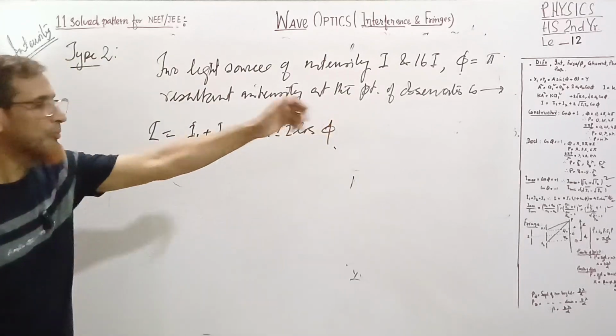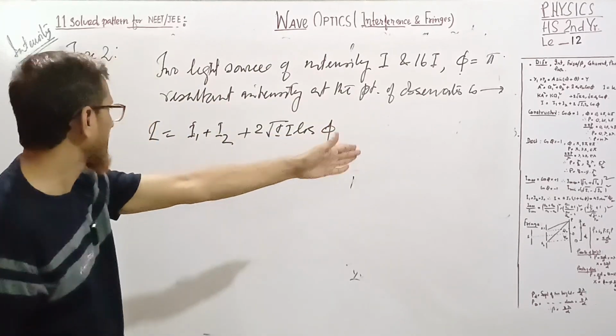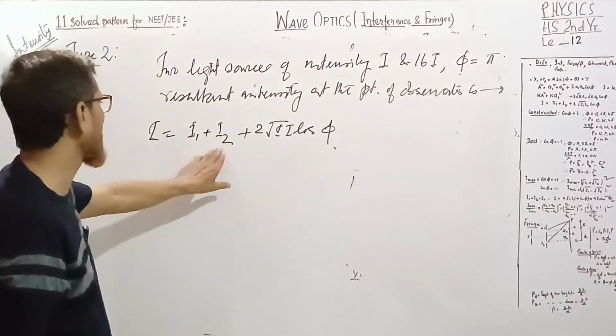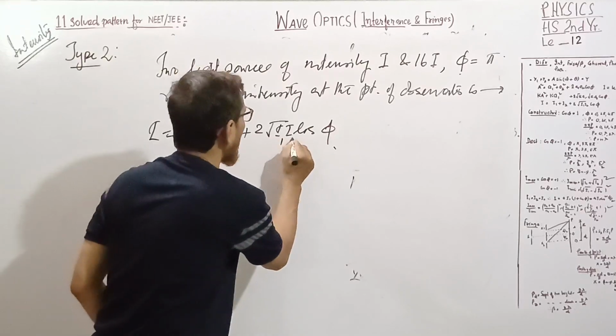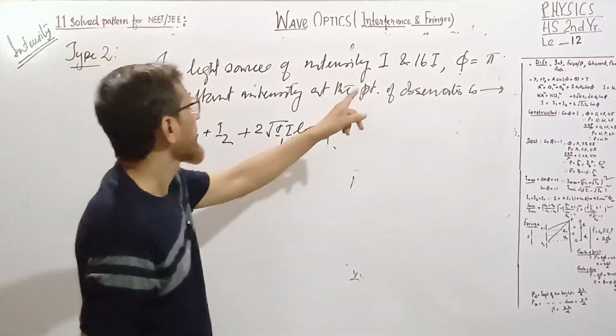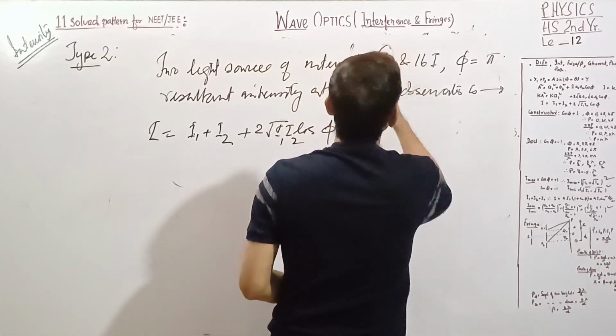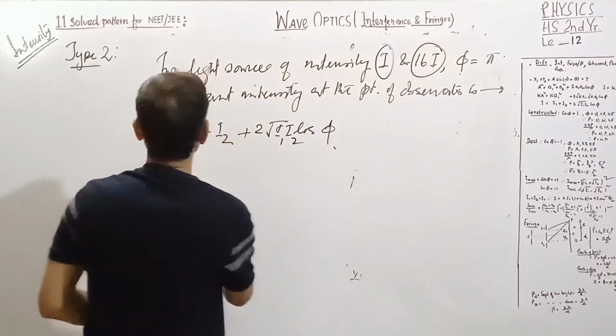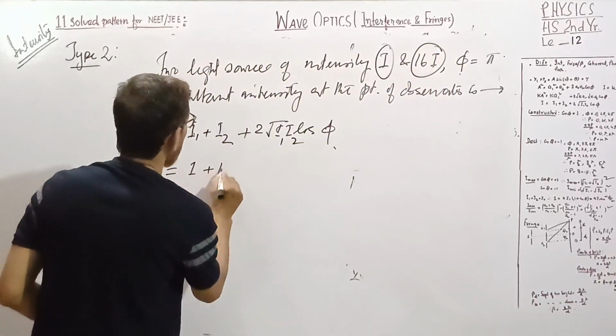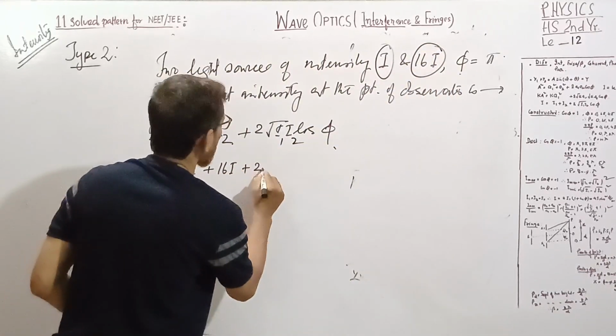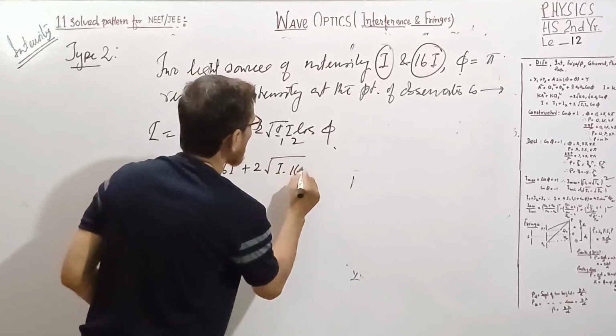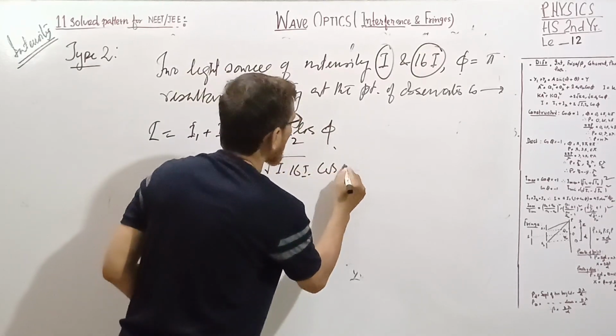This is the formula I had already written a bit earlier. Here the condition is that one is I, the other is 16I, plus twice root of I into 16I and cos pi.